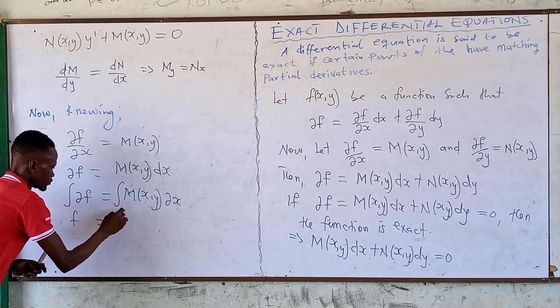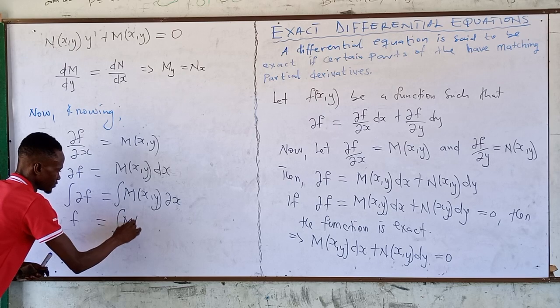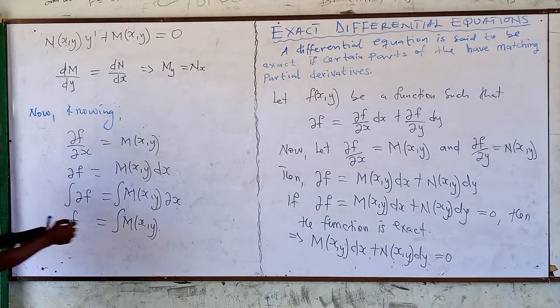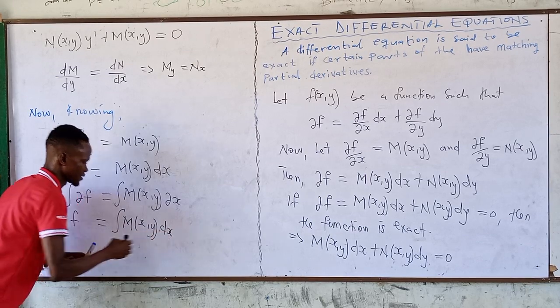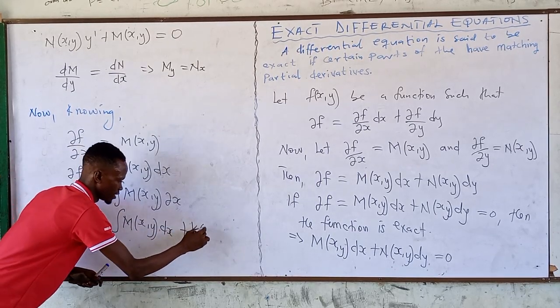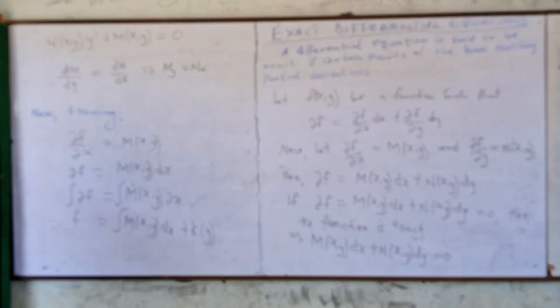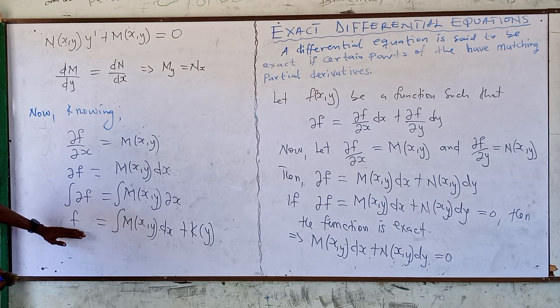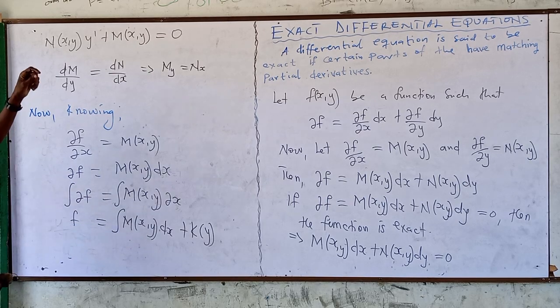And this will be equal to the integral of the function M, which depends on x and y, with respect to x, plus the constant of integration k, which is some function of y. So this becomes the potential function that will give us the solution to the exact differential equation.